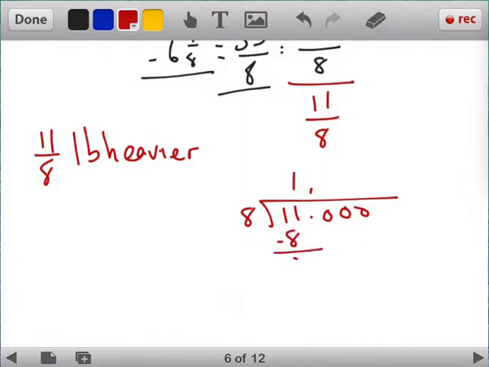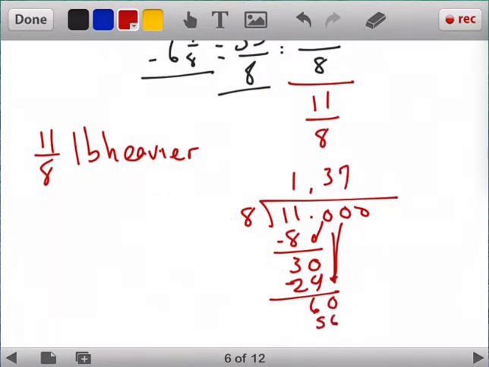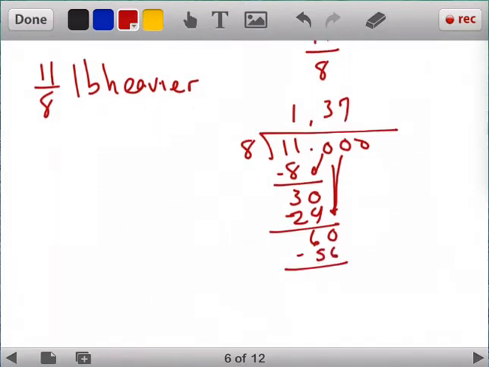Subtract, 3, bring down my 0. 8 goes into 30 3 times, 24, subtract, I get a 6, bring down a 0. 8 goes into 60 7 times, 56, subtract, get a 4, bring down the last 0, and that's 40, which is 5 times 8, so the remainder is 0.